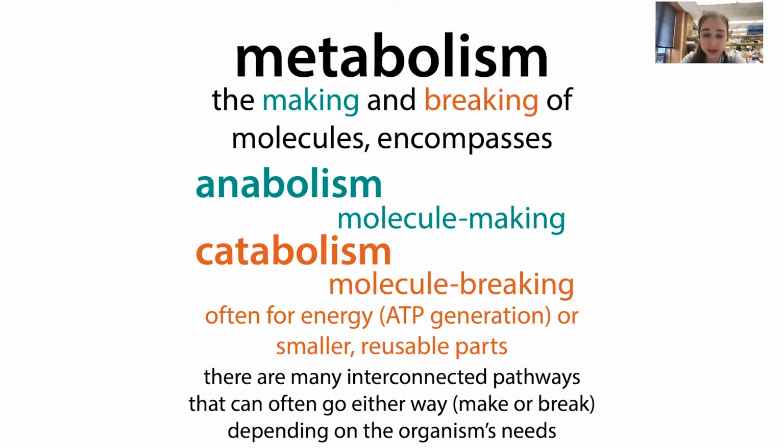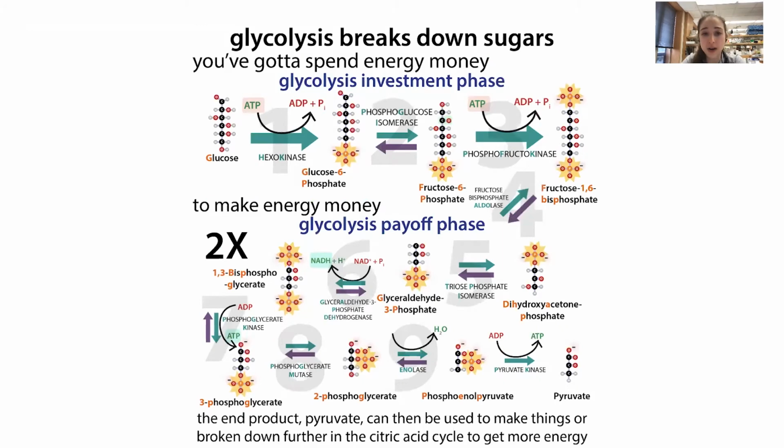We have some of the same enzymes used both in anabolism, molecule making, and catabolism, molecule breaking. Some steps are reversible in metabolic pathways, such as glycolysis, the breakdown of sugar. You can see that a lot of these steps have arrows going in both directions, showing that these steps are easily reversible.